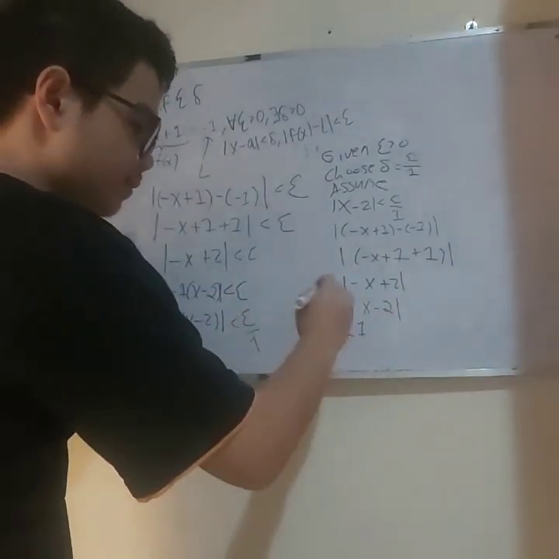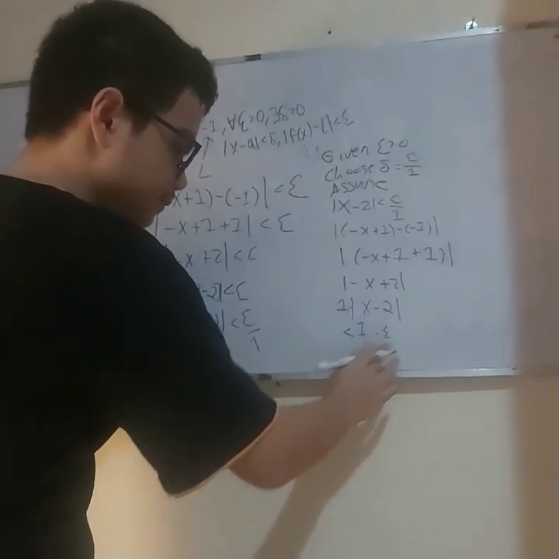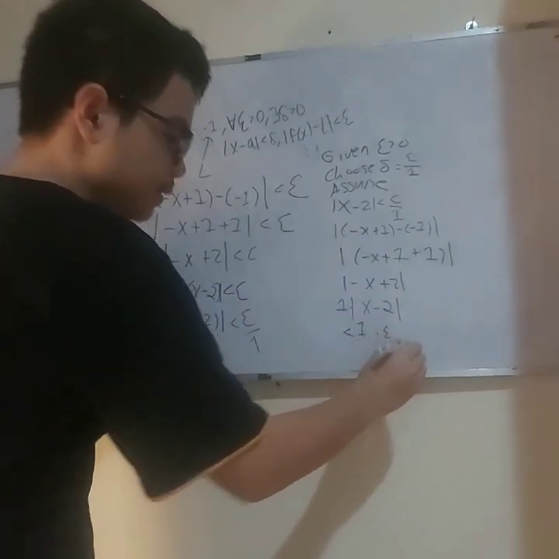So we have 1 times epsilon over 1, which equals epsilon. Then we prove it.